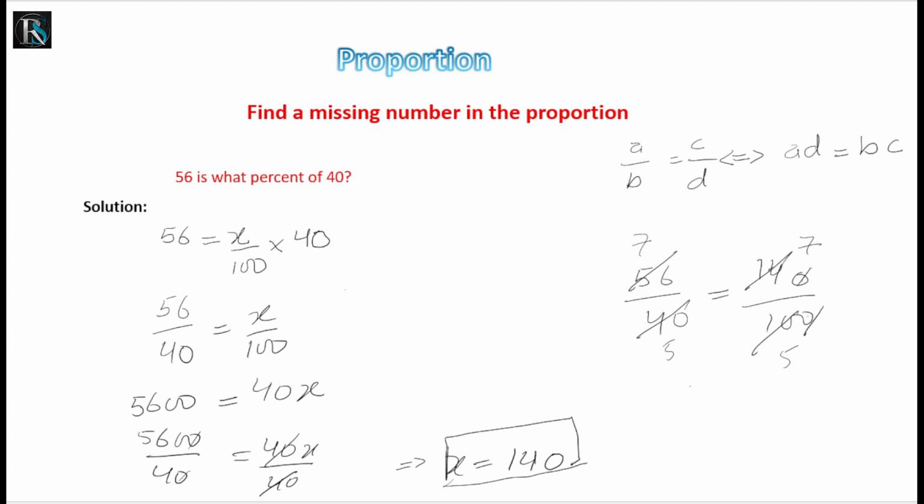So that would be 7 upon 5 is equal to 7 upon 5. We got both fractions the same, left hand side is equal to right hand side. So this means this is the solution to this problem.